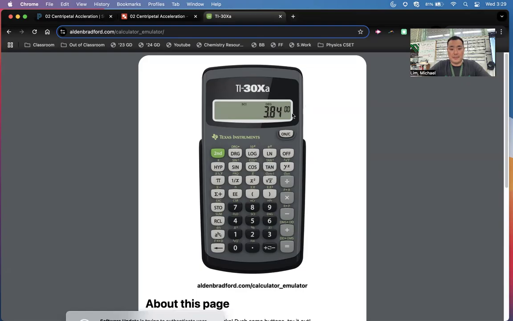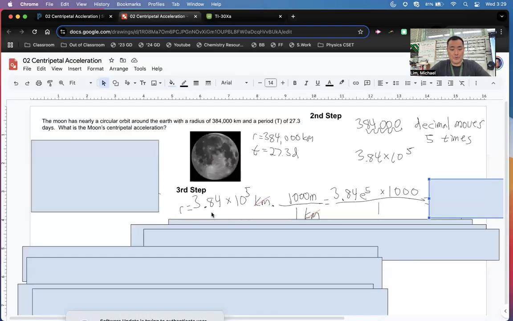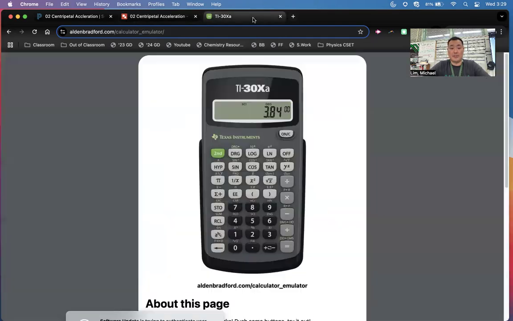Okay, so let's back it up for a second. We want to multiply this times 1,000 and any other numbers that are in scientific notation on our calculators. The calculators I have at home or in this class require it to be in scientific notation mode.